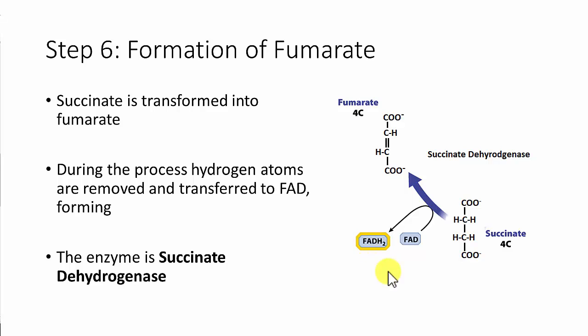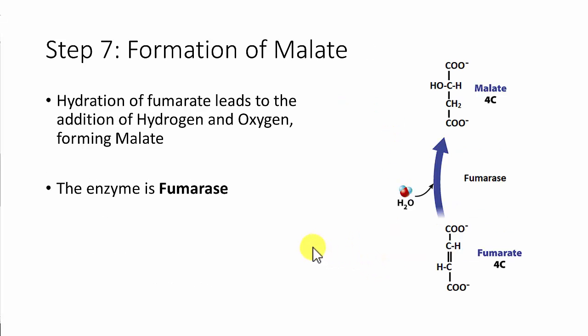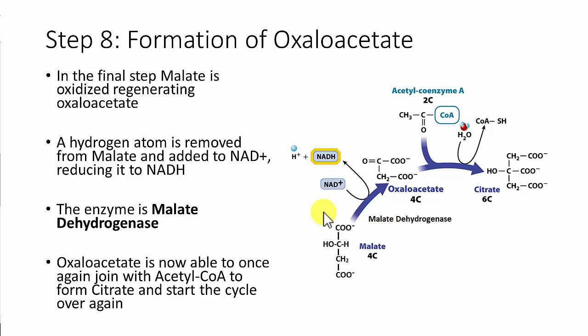So this is going to charge up our electron carrier here. The next stage is kind of a reformation of the previous molecule. Fumarate is transformed into malate. Water plays a role here. And then the final stage is where malate is going to be transformed back into the starting compound, oxaloacetate. So this is the step that makes it cyclic, kind of completes the cycle.